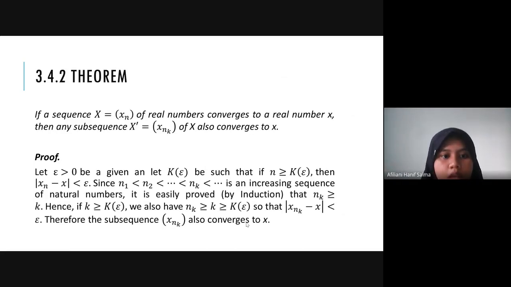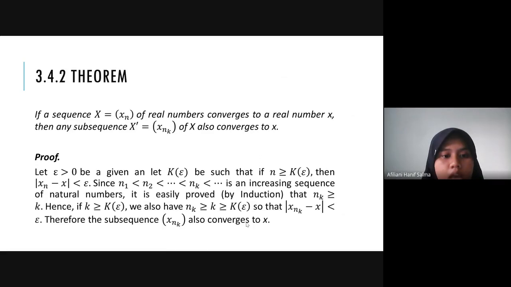The proof: let epsilon > 0 be given, and let K(epsilon) be such that if n >= K(epsilon), then |x_n - x| < epsilon. Since n_1 < n_2 < ... < n_k < ... is an increasing sequence of natural numbers, it is easily proved by induction that n_k >= k.